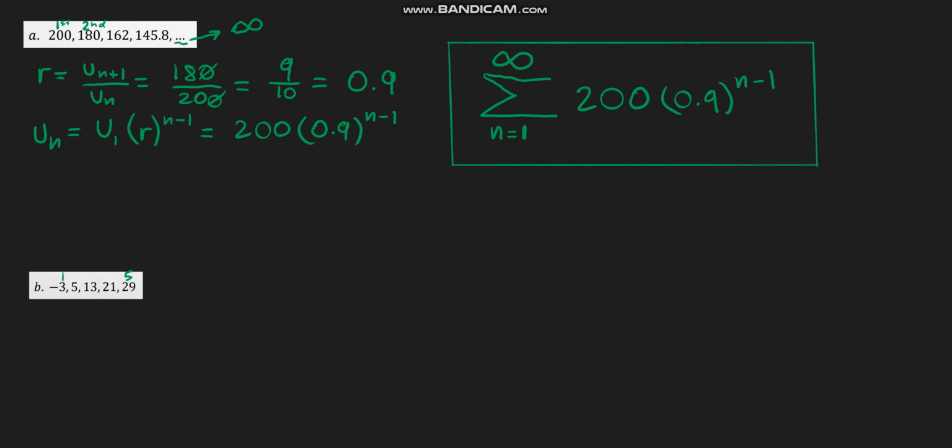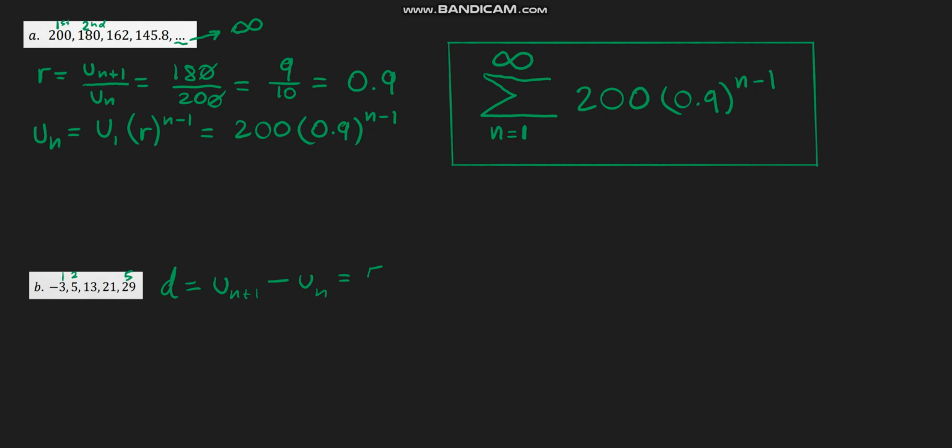then you could take the common difference, d, is equal to u n plus 1 minus u of n. So if you use the first term as our u of n, we get -3, and our second term would be 5.